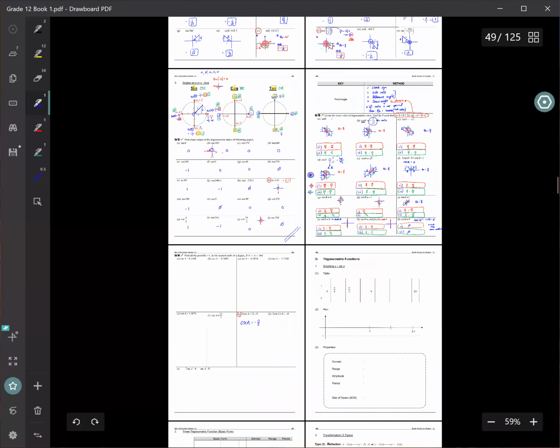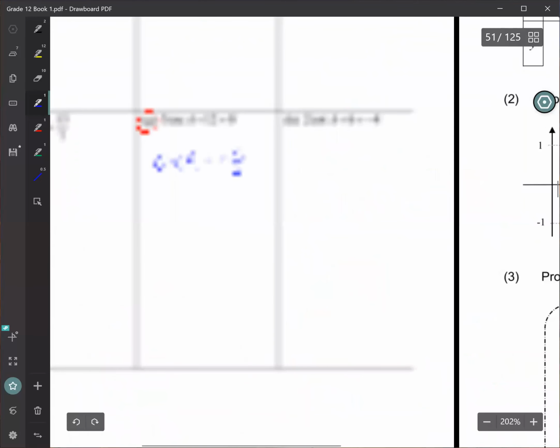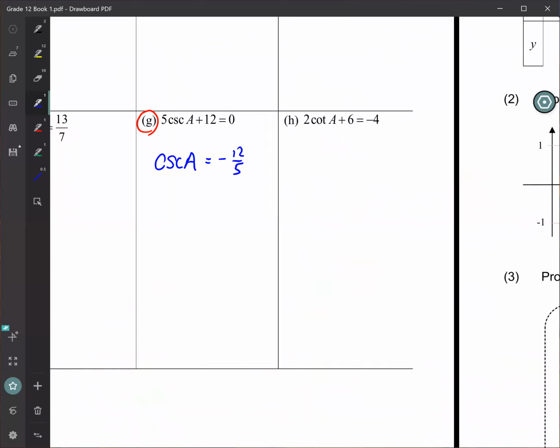So let's look at the sign now. This cosecant has a negative, right? So which quadrant is it? Cosecant negative where? Samantha, where is cosecant negative? 3 and 4. 3 and 4, very good.